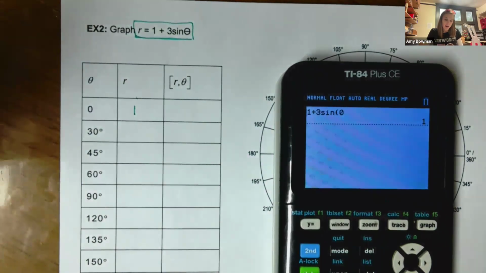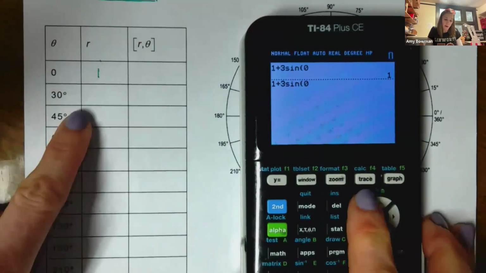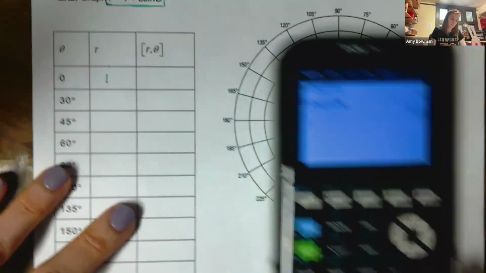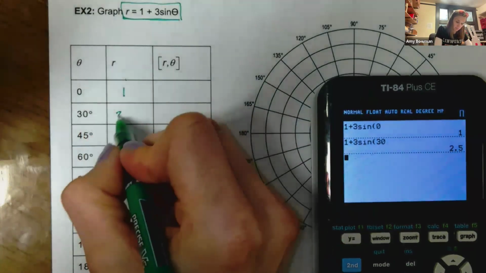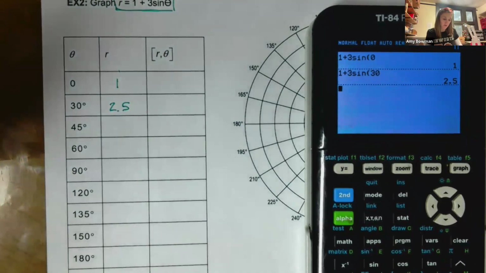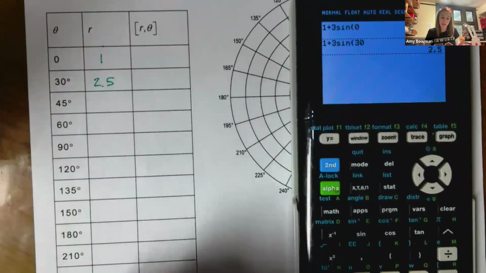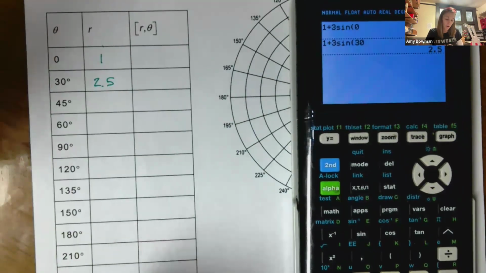We've got 1. Again, I'm going to do that second entry down here. And then all I have to do is go back and type in 30, 2.5, and keep going. So I'm going to pause. You guys don't need me to tell you every single value. I want you guys to go ahead and crunch the numbers, get all the values, practice just quickly plugging and chugging polar coordinates.